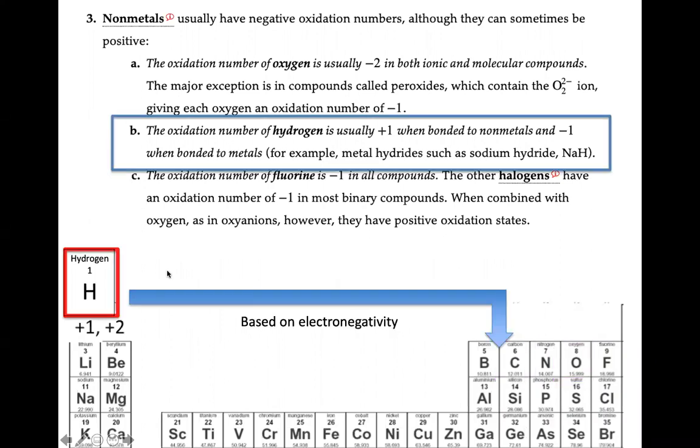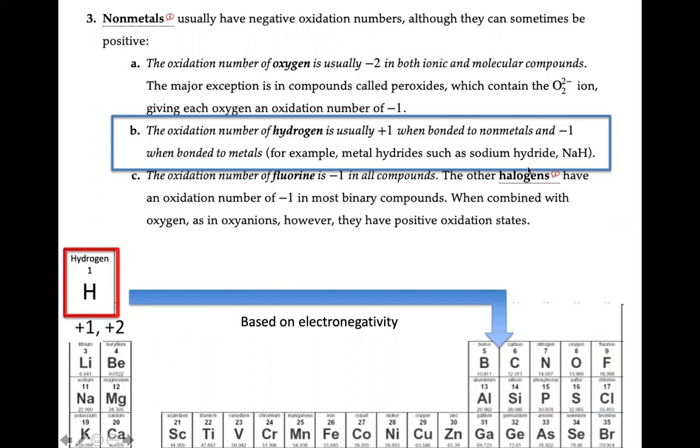Now, if I'm looking here for hydrogen, based on its electronegativity, it turns out, even though it's way over there on the left-hand side of the periodic table, it's a little bit left of carbon. So when I'm trying to figure out what its oxidation number would be relative to the other ones, it's not as electronegative as my other examples of elements that I find amongst the nonmetals.